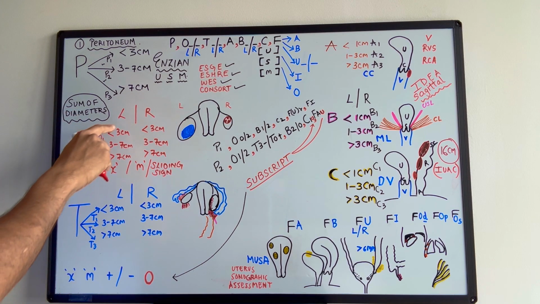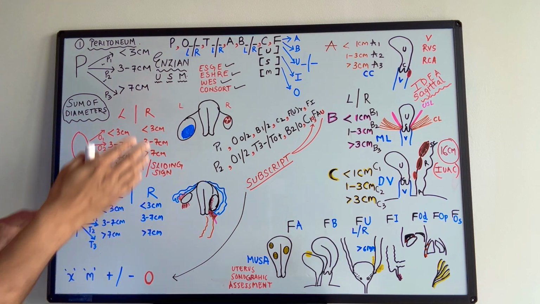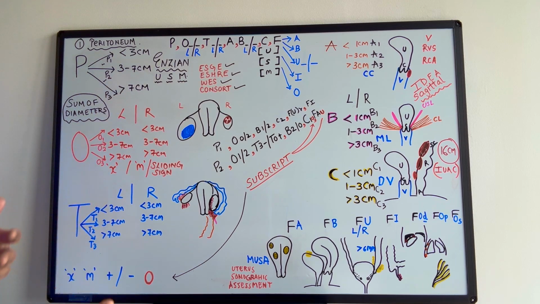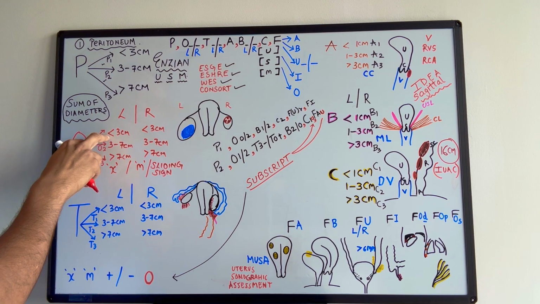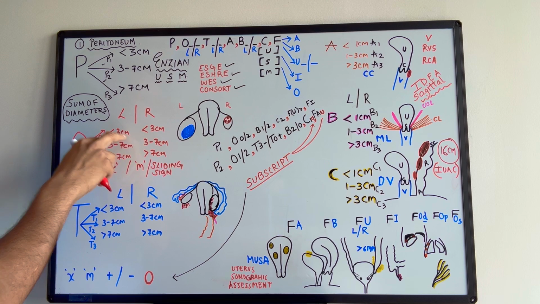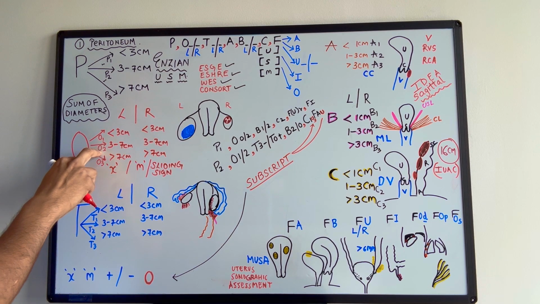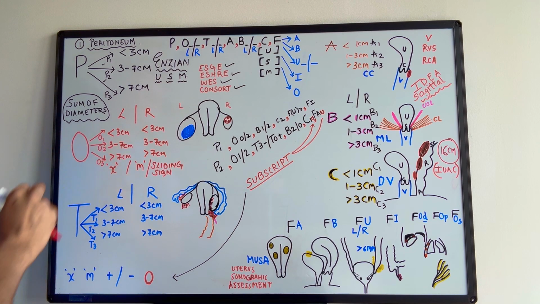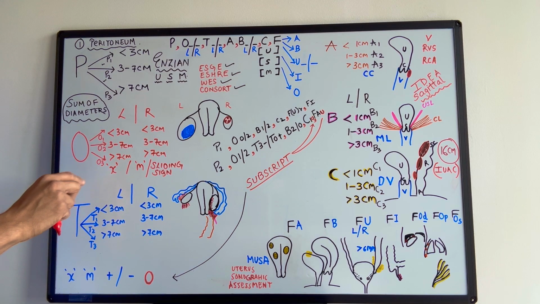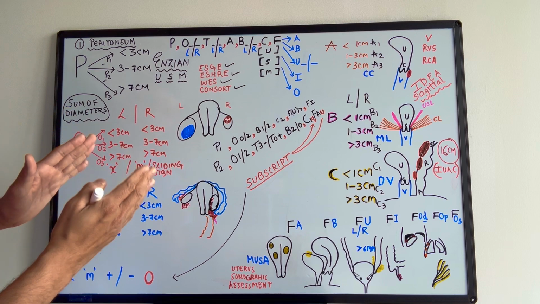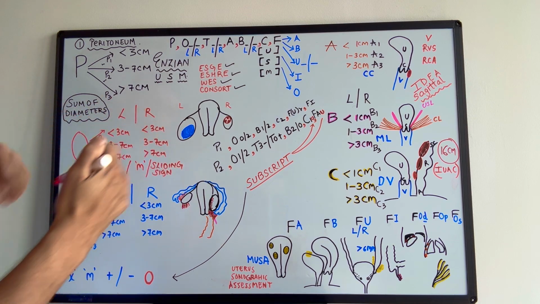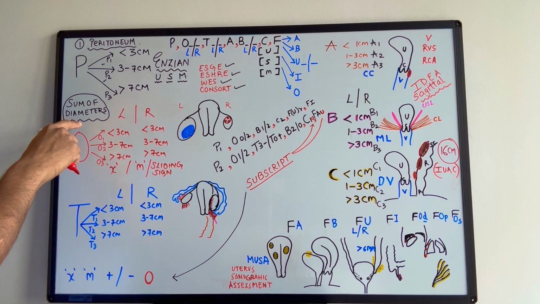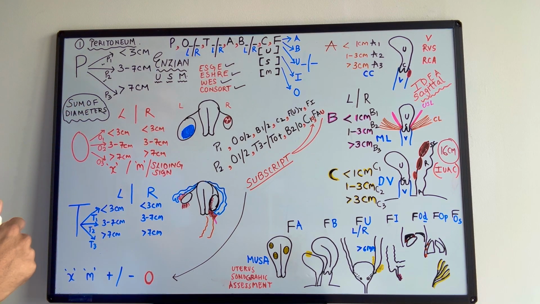The numerical value remains the same for P, O, and T, so it's easy to understand. O1 means the lesion is less than 3 centimeters, O2 means the lesion is between 3 to 7 centimeters, and O3 means the lesion is more than 7 centimeters. This is applicable to the left side or the right side, and it also takes into account the sum of diameters.